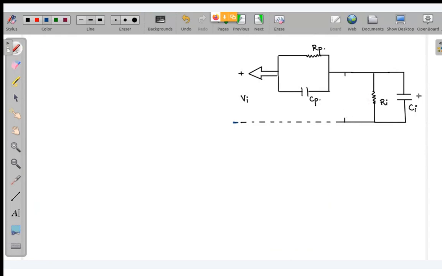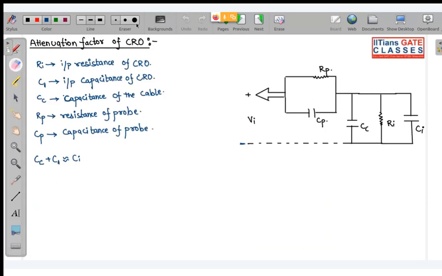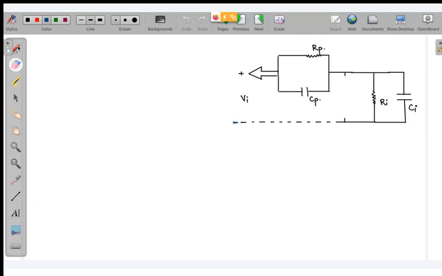So now you can see this is basically what we have. Any doubt up to this point? Fine. Now I am going to take 2-3 cases, so I want you to make diagrams properly. Case 1: if we are measuring a low frequency signal.